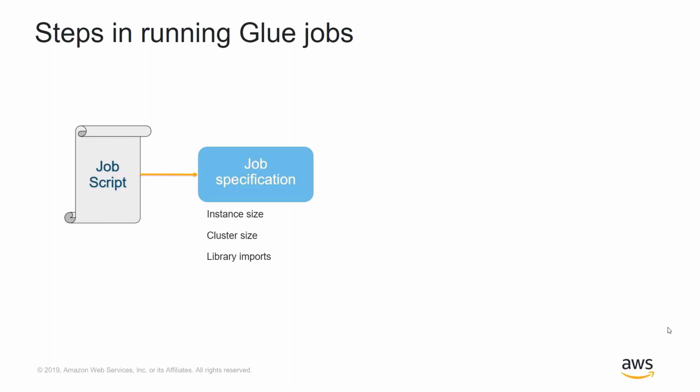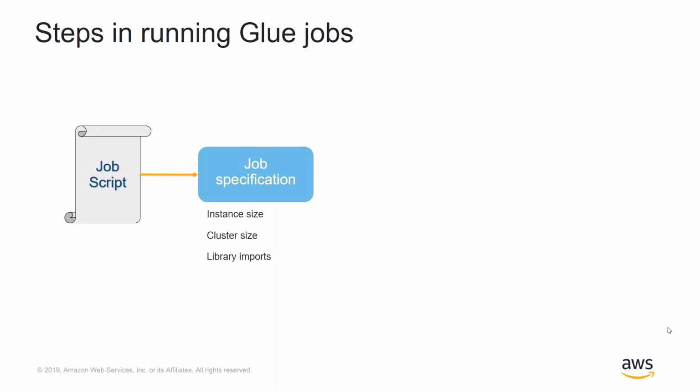Once you have the job script and you want Glue to run that job script for you, you have to give what we call a job specification. You need to tell Glue a little bit more about how to go about running the script. You may have to tell Glue to use a particular instance size because something is more memory intensive and you just want a bigger instance.